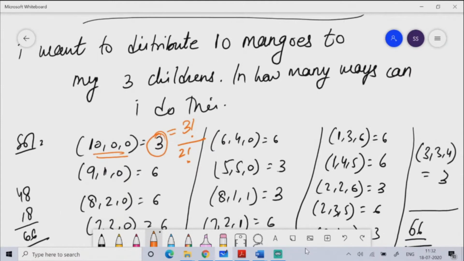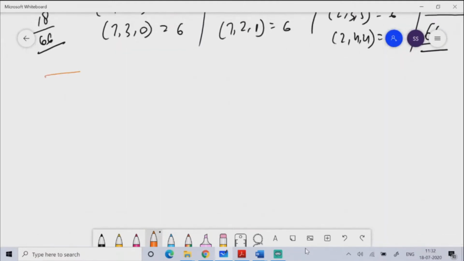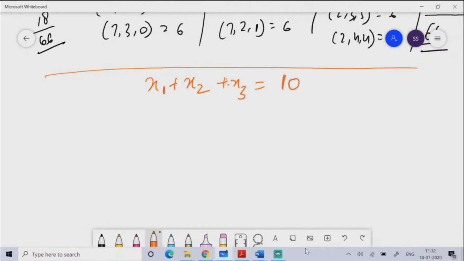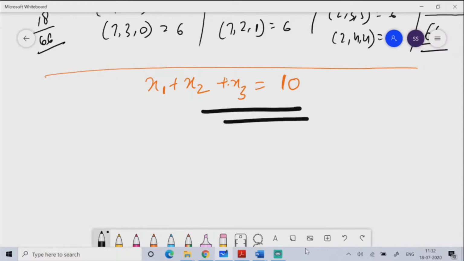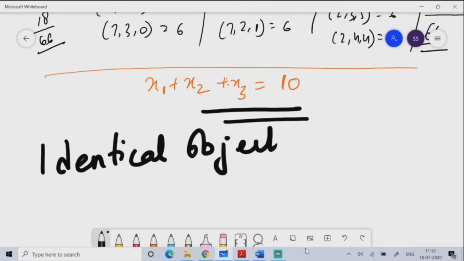Now the other way of solving this: anyone who is good with the concept of permutation combination will write this as x1 plus x2 plus x3 equal to 10. Once you understand permutation combination, to solve these kinds of problems you'll apply the distribution of identical objects into distinct places.